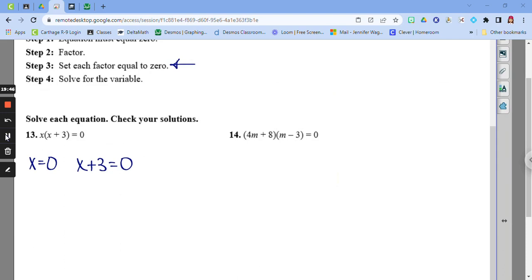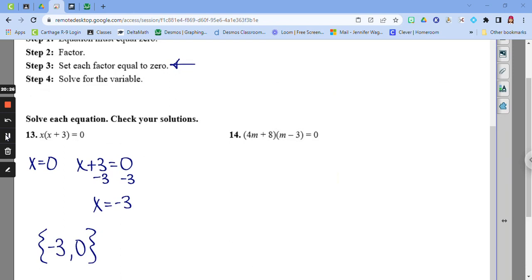So the second one, I just need to subtract 3 from both sides. So x equals a negative 3. So this will equal 0 if I either put 0 in for x or negative 3 in for x. Because negative 3 plus 3 is 0 right here. And 0 will make that. So your solutions, you will likely end up with 2 answers on these things as you're working through the problems.